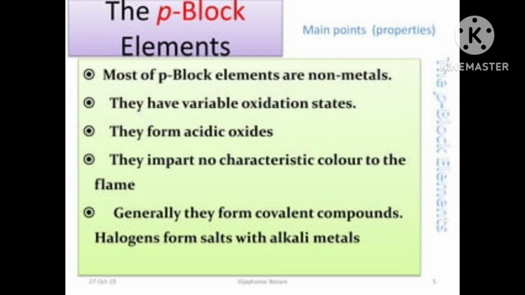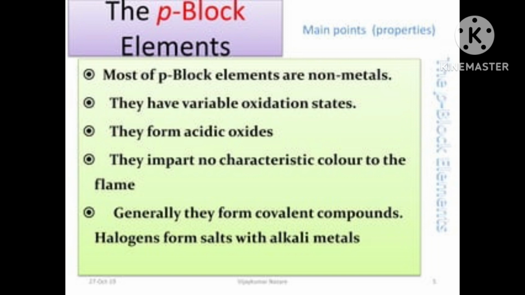Here we should note that metalloids have both metallic and non-metallic properties. That is the characteristic of metalloids. Metalloids are on the boundary of metal and non-metal. That's why they have the character of both metal and non-metal, and are called metalloids.